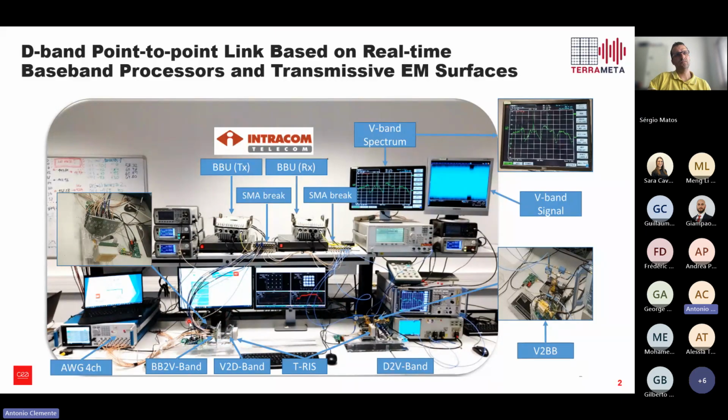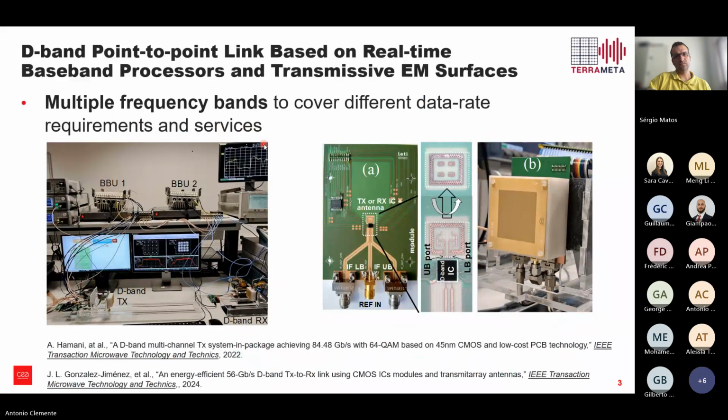I will explain after, in another slide, what this device is, and we integrate a baseband unit platform, a commercial one from Intracom. So you can see the baseband units 1 and 2 for the transmitter and the receiver.